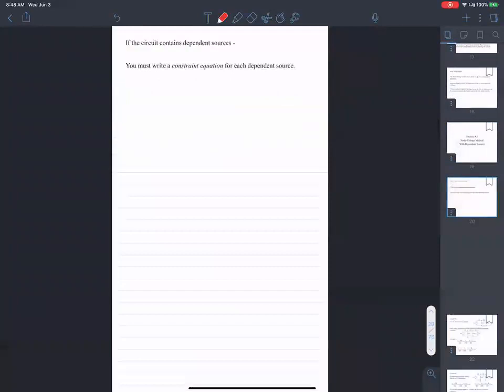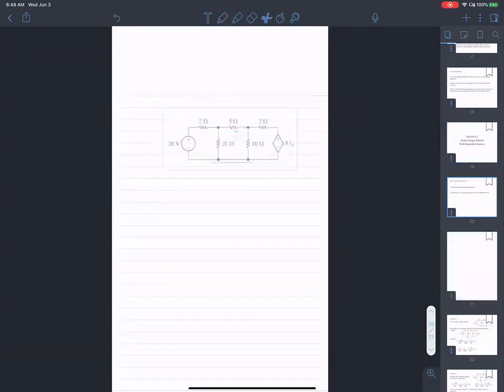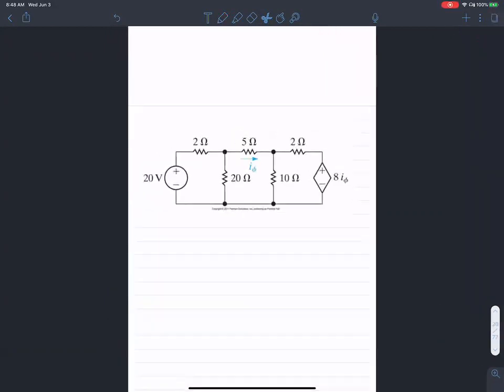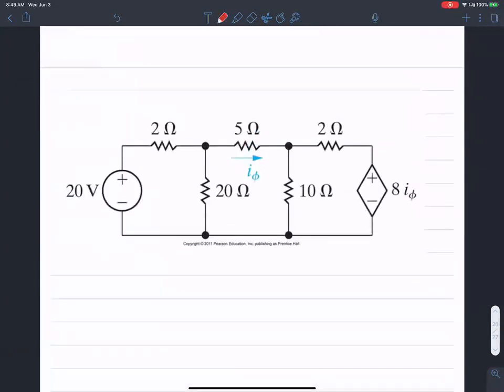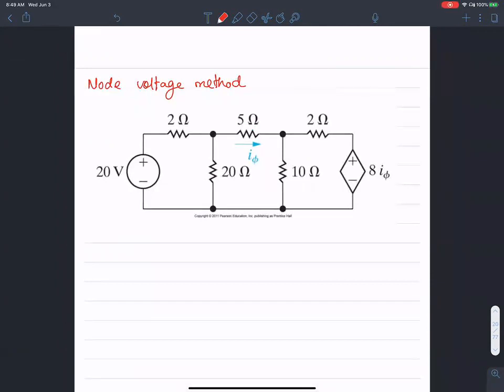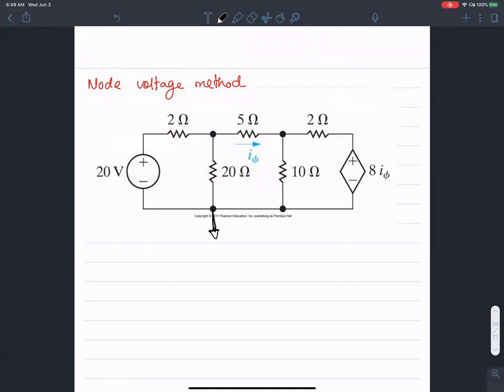Example 2 for node voltage method, with dependent sources. The first step again is to identify the ground node. Well, there it is. I'm going to name this guy as the ground node.